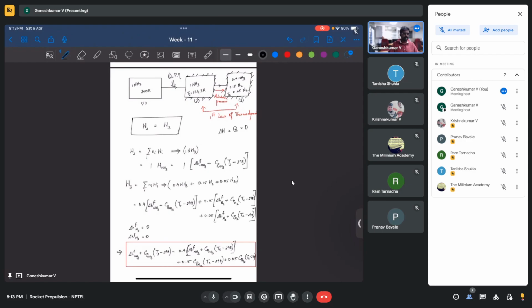Does anyone have any questions in this? We are just breaking this big problem into small concepts. First is heating, and then we are dissociating. So we are just equating energies between 2 and 3, and between 2 and 3 the only energy change is the formation energy, and that formation energy change is supplied by the sensible energy.